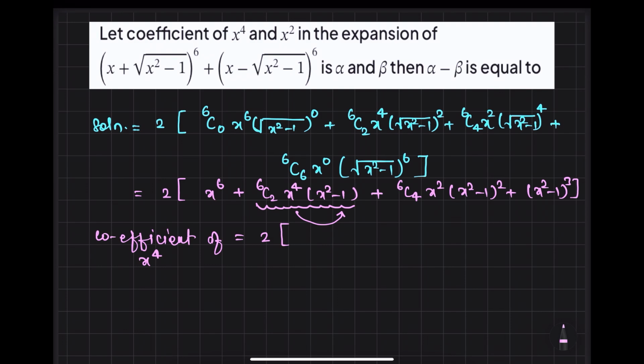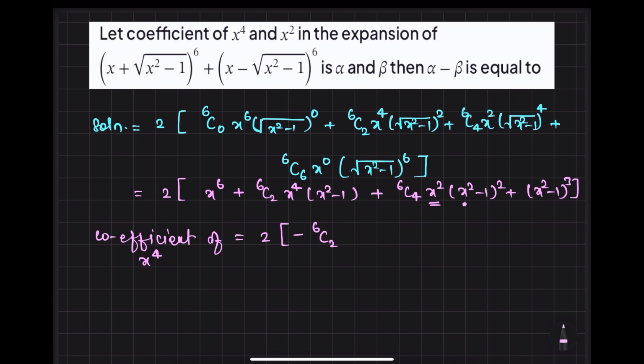And you will have a negative sign. So minus of 6c2. Okay, so first x power 4 we got. Now look at this. Here we have x power 2. And here you know that it is again a binomial expansion. So if this thing takes power 2, you will have the coefficient of x power 4, correct na?